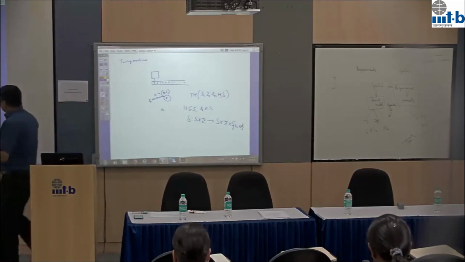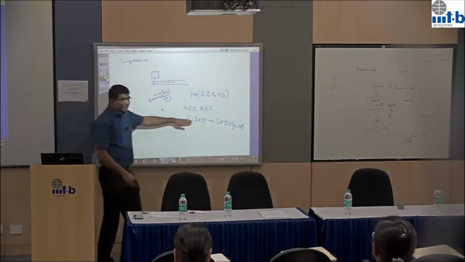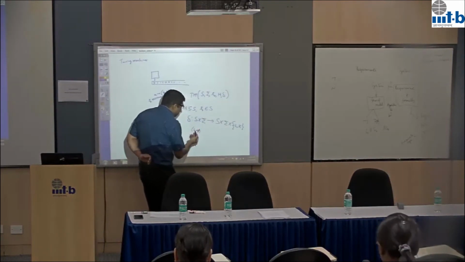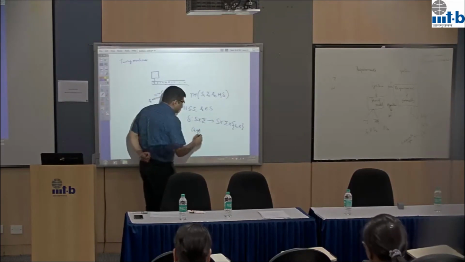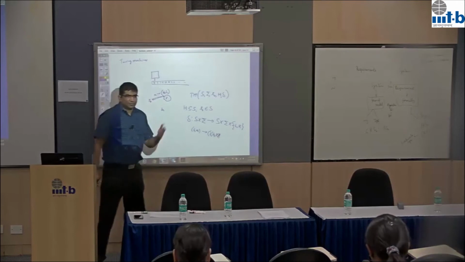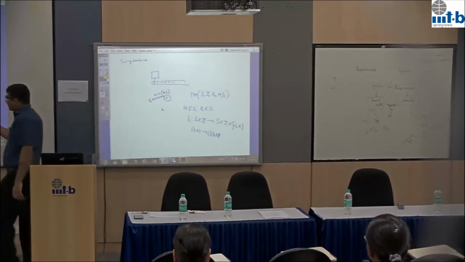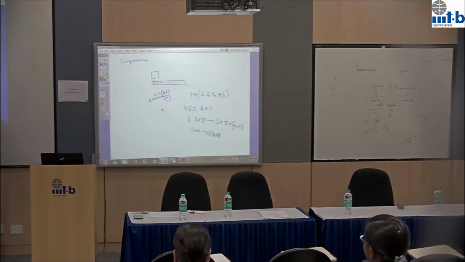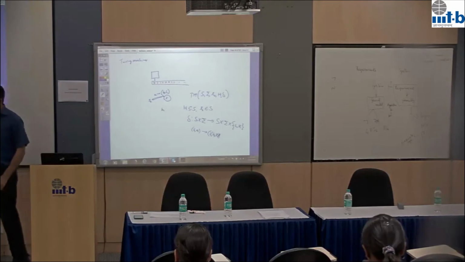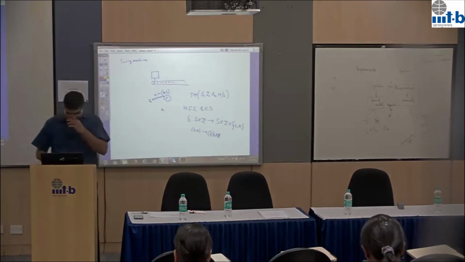For example, an instance of this function: at state S, if I read A, I go to state S prime, I write B on the tape and move right, one step to the right. Fine?